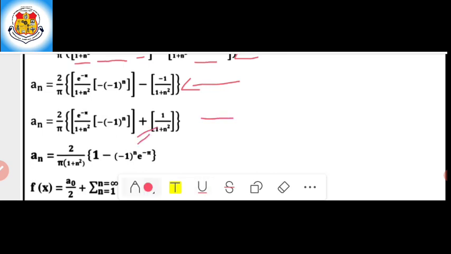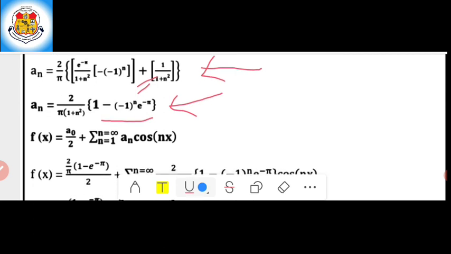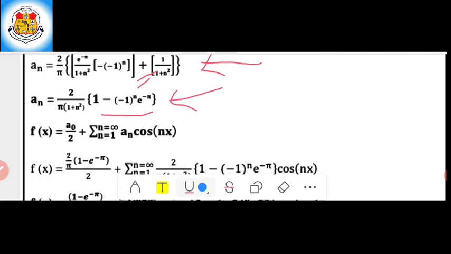Since the denominator is the same, we take the addition of the numerators, so we get 2 upon pi into 1 plus n square into 1 minus 1 raised to n e raised to minus pi. So we get the value of a0 as well as an.